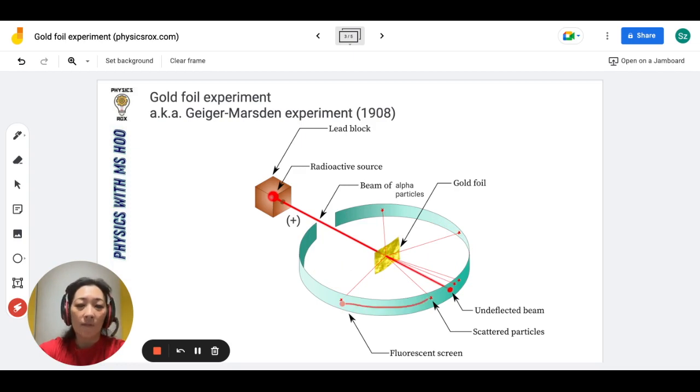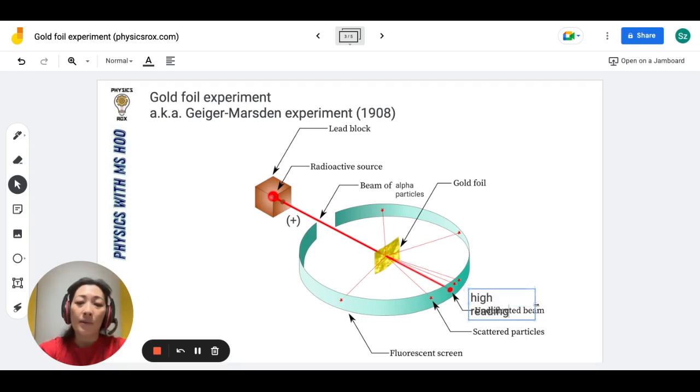Not only was alpha detected here on the fluorescent screen, they also found alpha detected behind the gold foil, but at a much, much lower rate. Very little, almost negligible, but the fact that they're there does not mean you can ignore it completely. So they found most of the alpha particles went through to the other side. So I'll put here high reading.